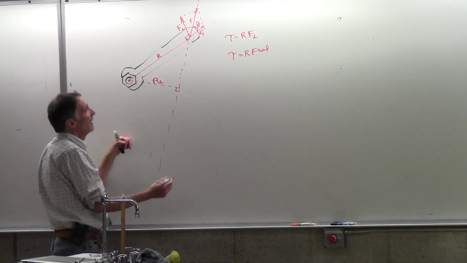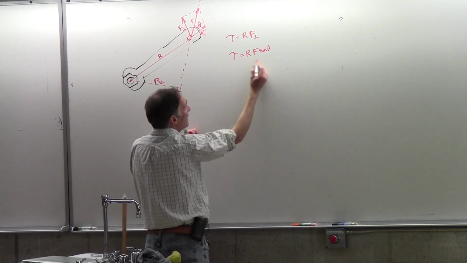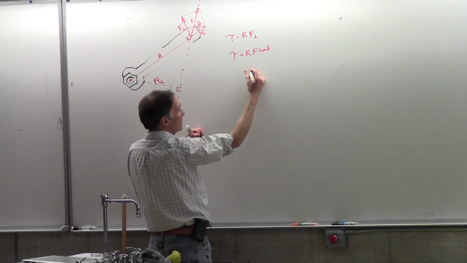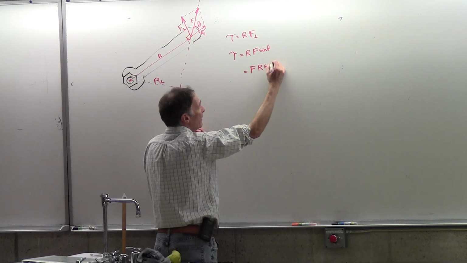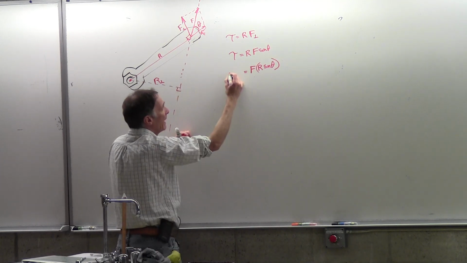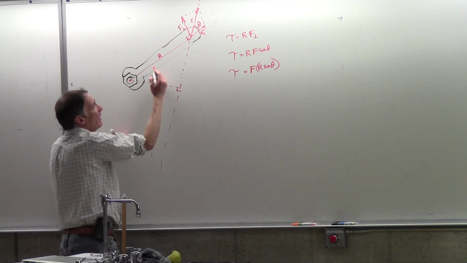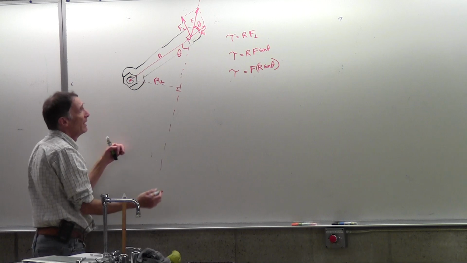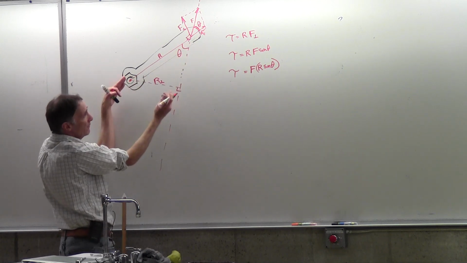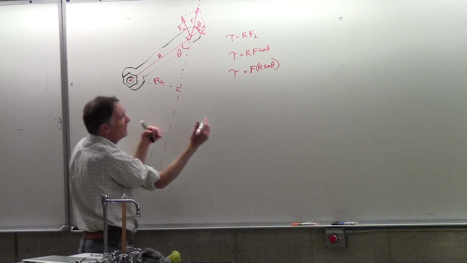Okay? The idea is, if I take this and turn these terms around, they're scalars, so that's going to be force times R times the sine of theta, and group those two together. This is the torque. If you think of this angle theta, this is also going to be theta, and R times the sine of theta is R perpendicular.